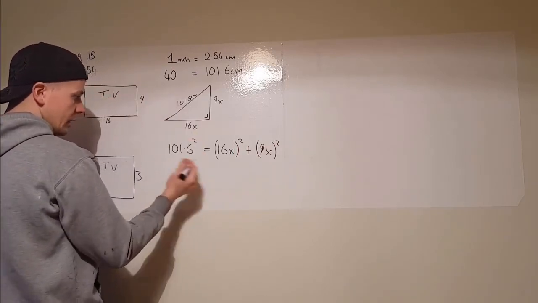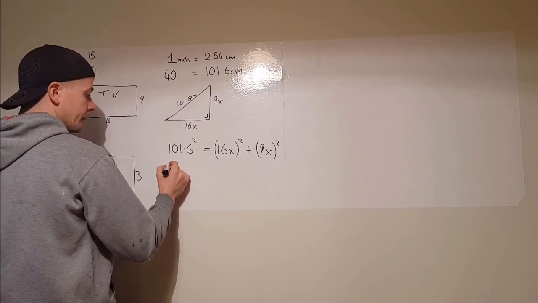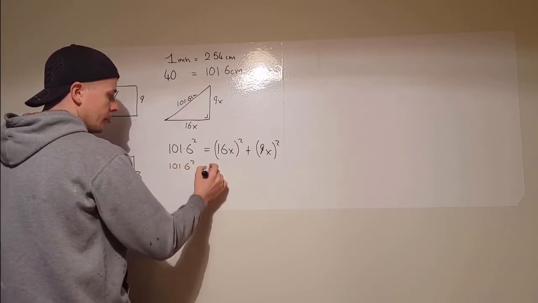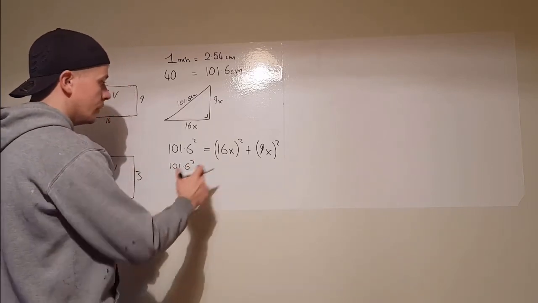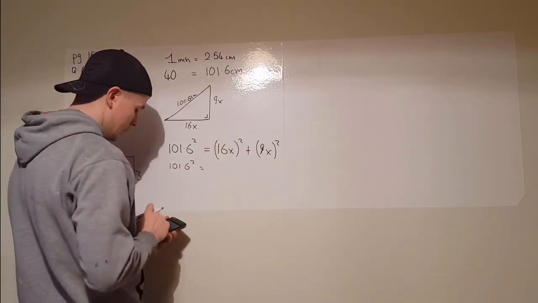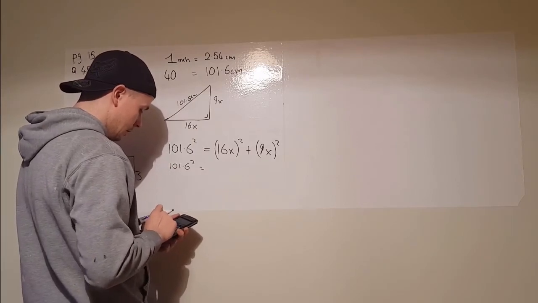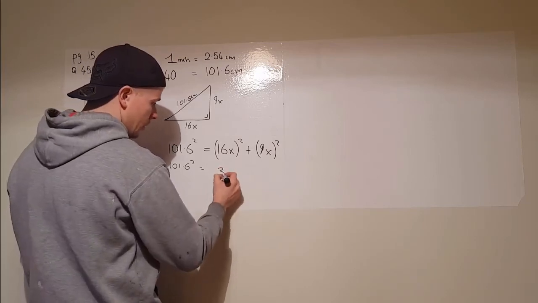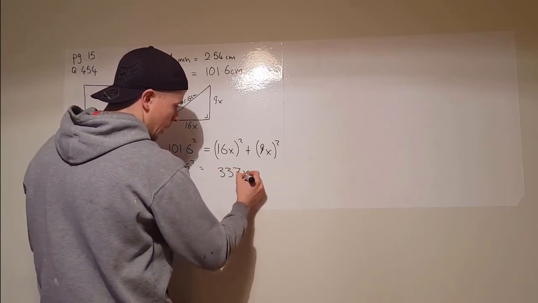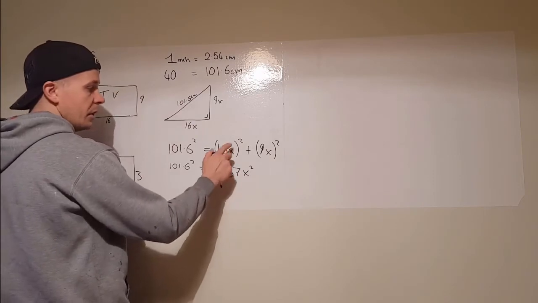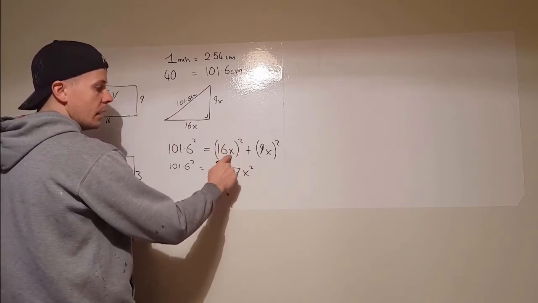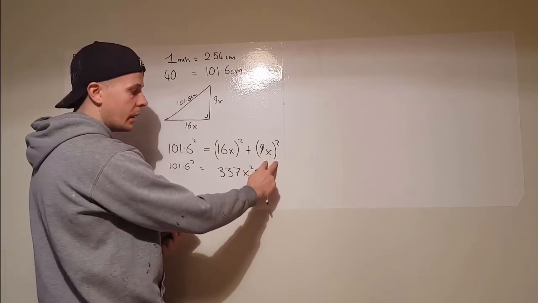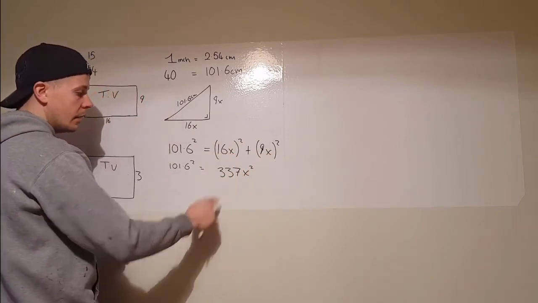I'm going to leave that as that for the time being. And over here, I'm going to get 337x squared. Basically numbers to be squared: 16 by 16, x by x, 9 by 9, x by x. So I'm getting 256x squared plus 81x squared, which gives 337x squared.